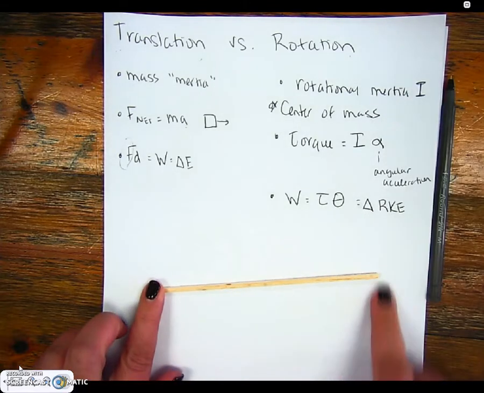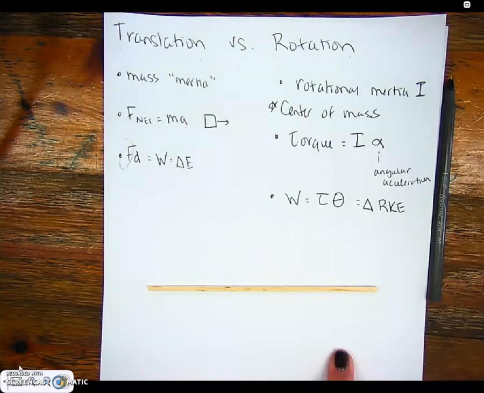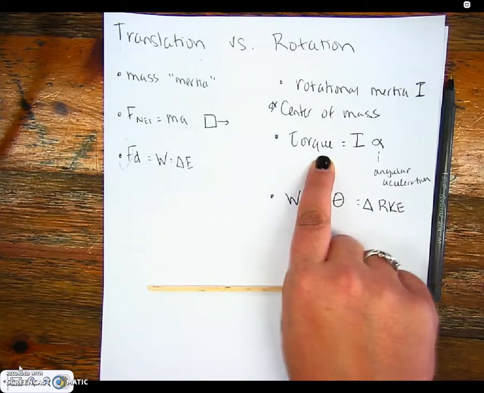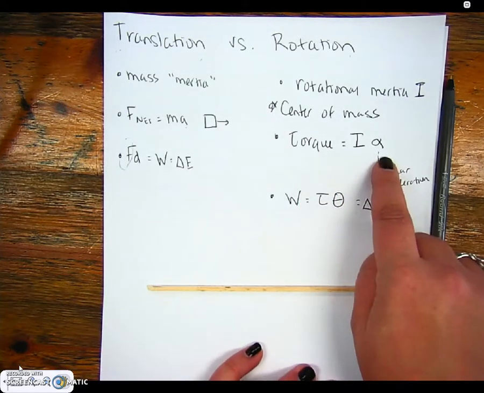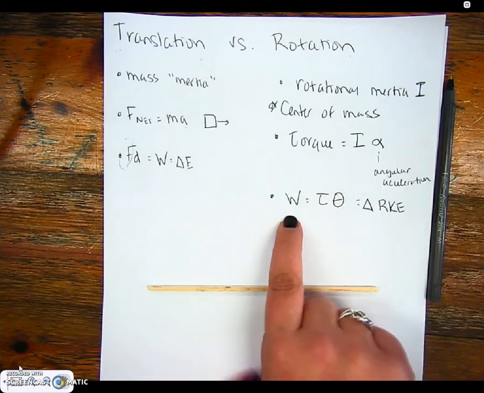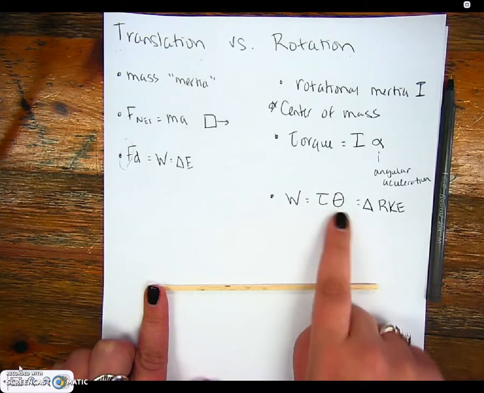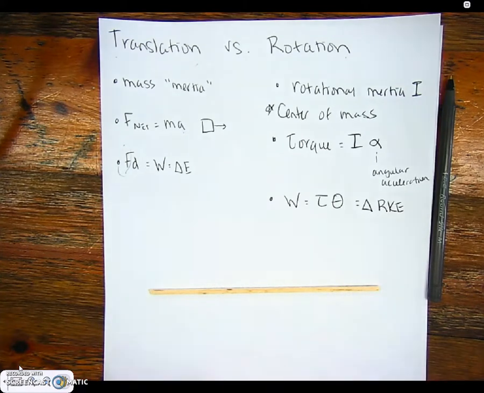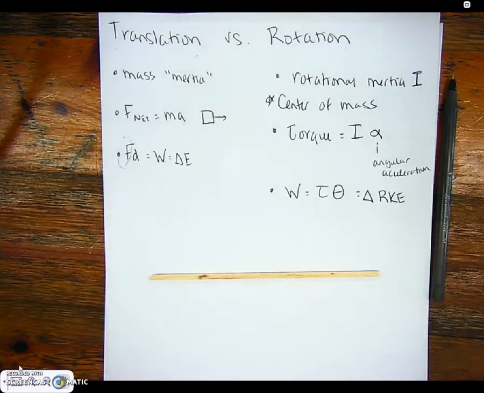That force applied some distance away from the center of mass or a point of rotation, instead of being called just a force, is actually a torque, which, according to Newton's second law, will cause an object with a certain rotational inertia to have an angular acceleration. If we're applying a torque some distance away from a center of mass, and the angle changes, then we are changing the rotational kinetic energy. All right, so this is a big picture of everything going on in this entire unit, and now I'm going to tear it down into little pieces and see how we can quantify these things.